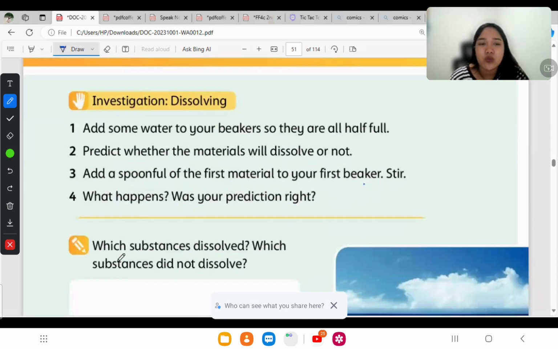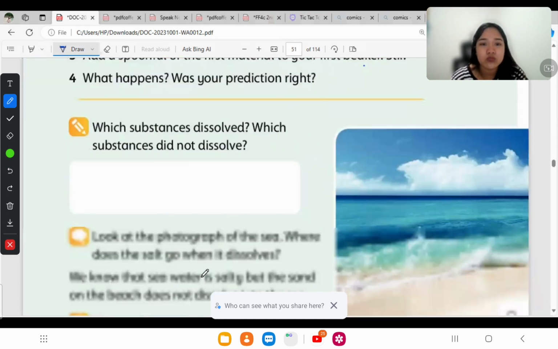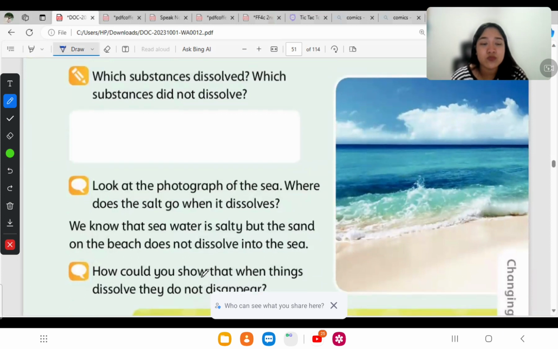According to you, Isabel, which substances dissolve and which substances did not dissolve? Just like here, look at the photograph of the sea. Where does the salt go when it's dissolved? We know that seawater is salty, but the sand on the beach does not dissolve into the sea.